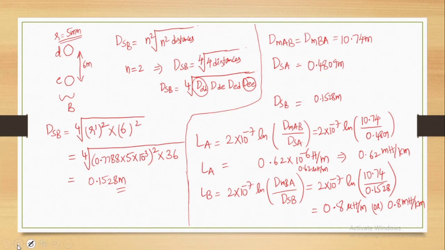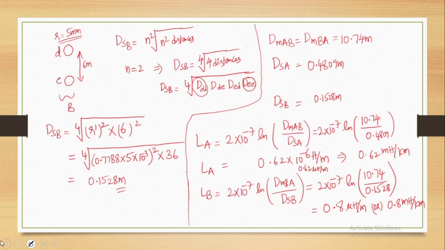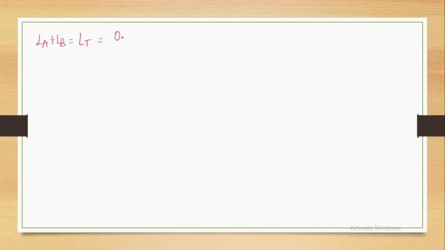Now let me add both the things. In order to get the total inductance or loop inductance or circuit inductance, we need to add the inductance of A and B. So it is 0.62 plus 0.8 millihenry per kilometer, or you can also express this as microhenry per meter.